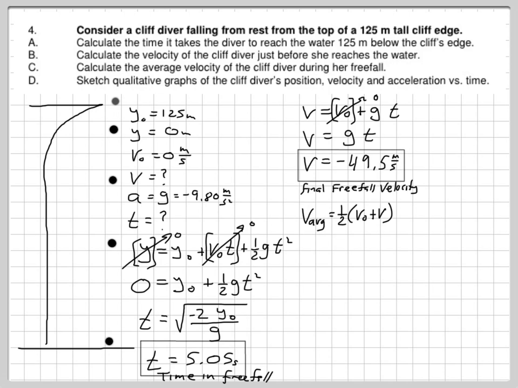So since the beginning velocity is 0, I can just divide that final velocity by 2, and I get that V average is downward, that's the direction of the velocity, and the speed is 24.7 meters per second. Of course, that's a bold prediction, so I'll box that one as well and write down what it means. Average velocity.